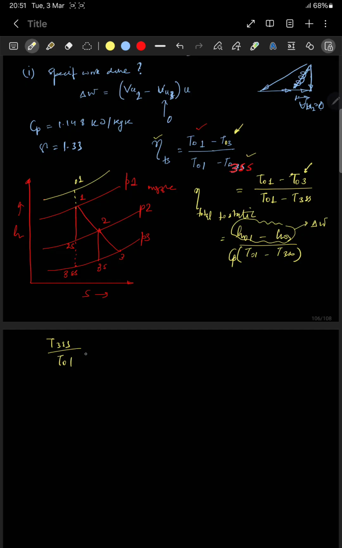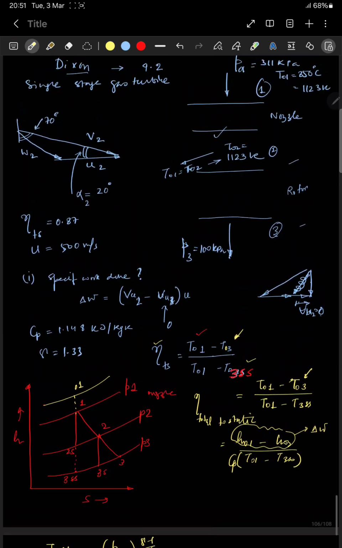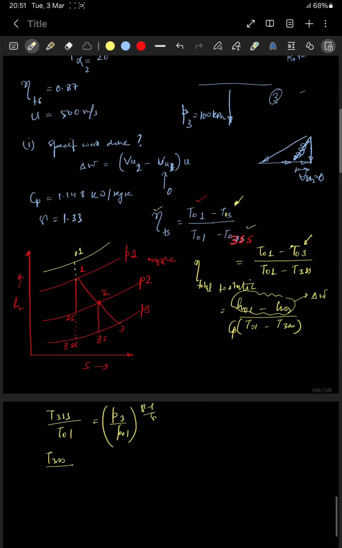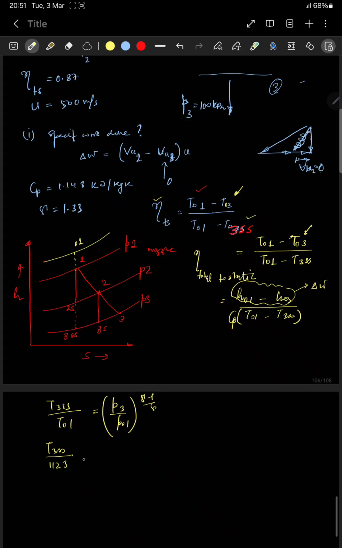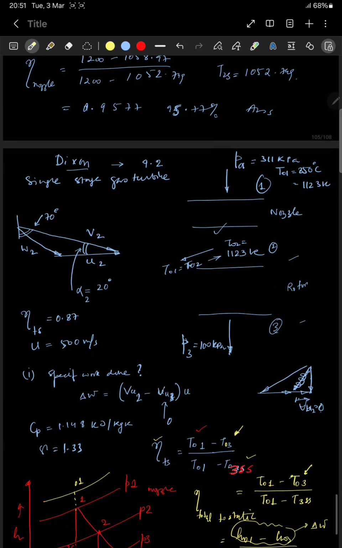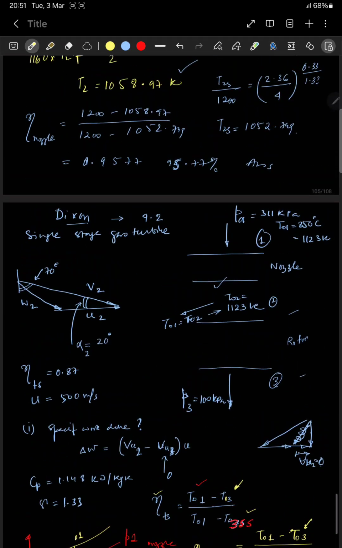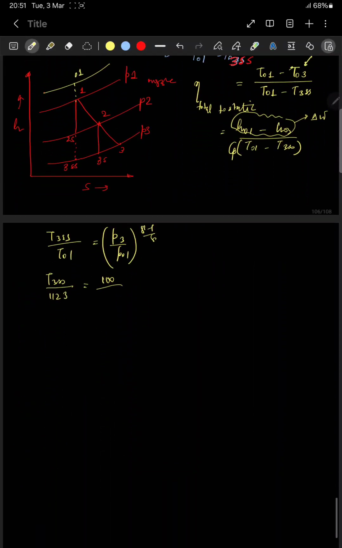T3SS divided by T01 equals to P3 by P01 to the power of gamma minus 1 by gamma. So T3SS divided by 1123. What is P3? P3 is 100. And what is P01? P01 is 311.